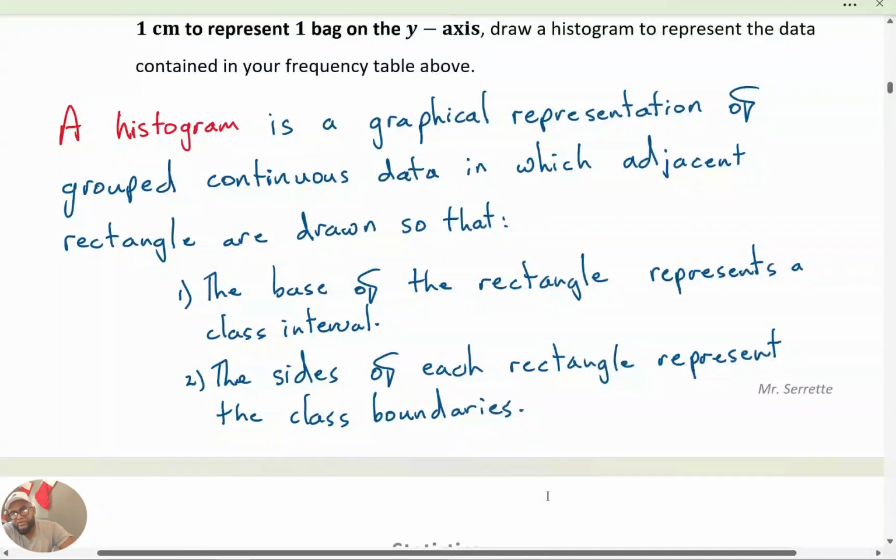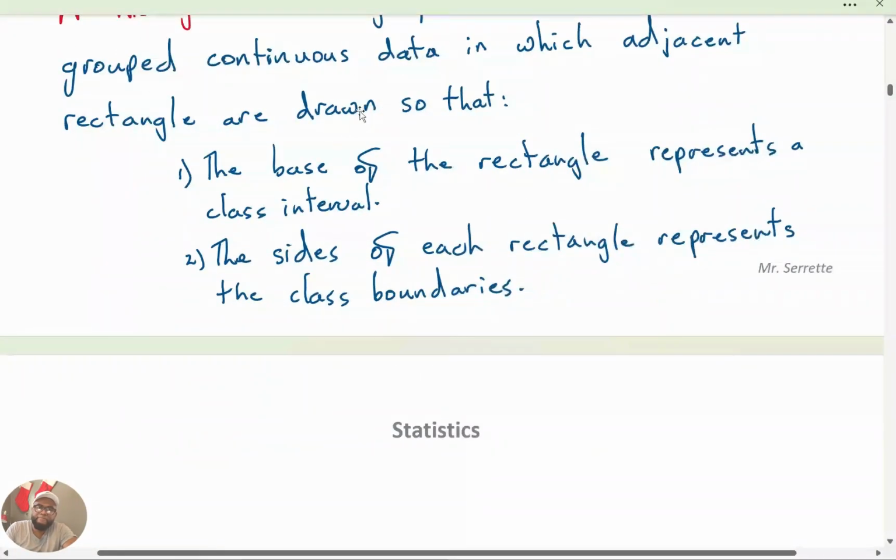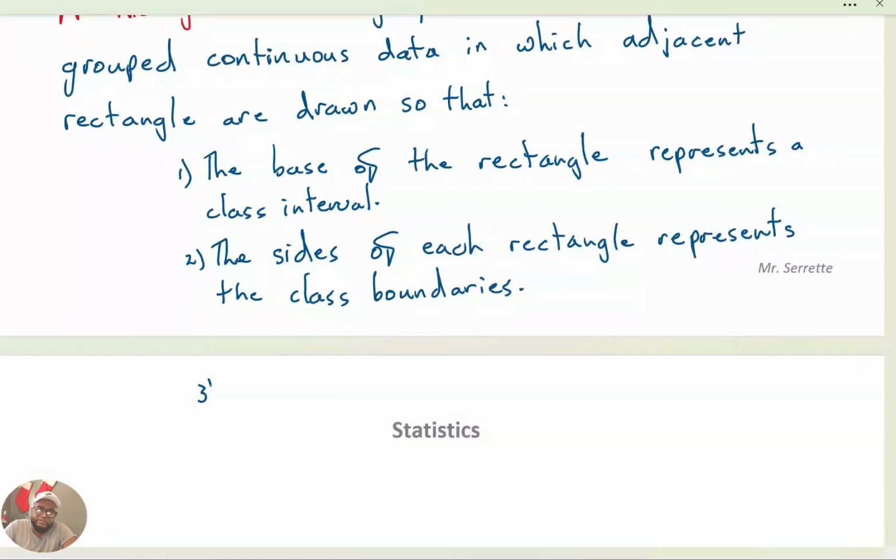So the sides of each rectangle are supposed to represent the class boundaries, right? Okay. Another thing you have to know about histogram.